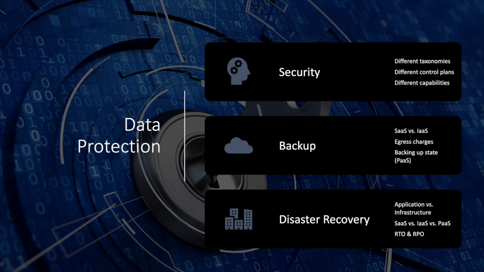If Office 365 goes down, other than having your local offline copies available to you, there's really not a whole lot you can do to fail over a SaaS solution to a different platform. IaaS and PaaS are different. Again, you can go at the application level for each one. Then RTO, RPO. You need to think about this a lot.